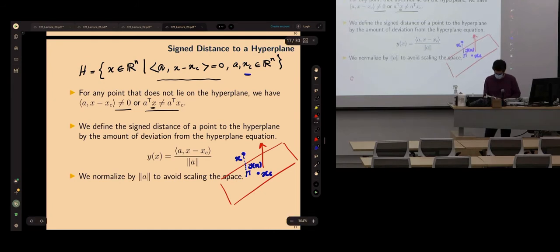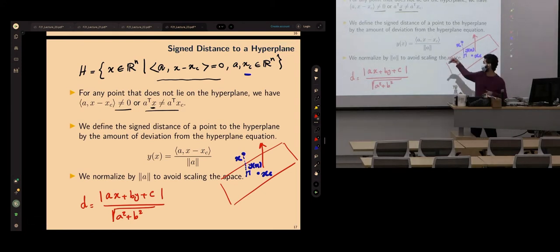Now, you might have seen formulas like d equals the absolute value of ax plus by plus, I don't know, c, divided by the square root of something like this. This is the same thing. This is a generalization of the distance of a point to a hyperplane for any space. For 2D, of course, it's the distance of a point to a line. For 3D, it's the distance to the plane. So we use this inner product, dot product, to generalize.